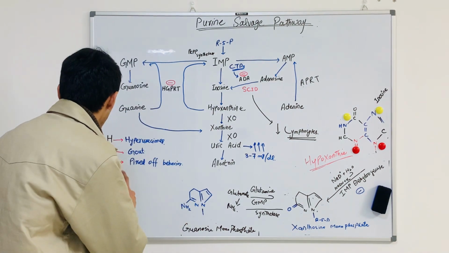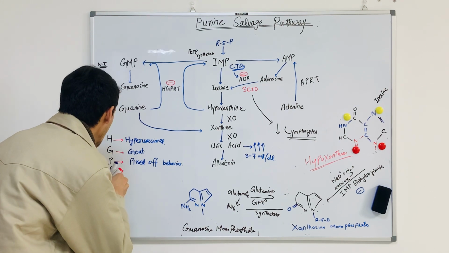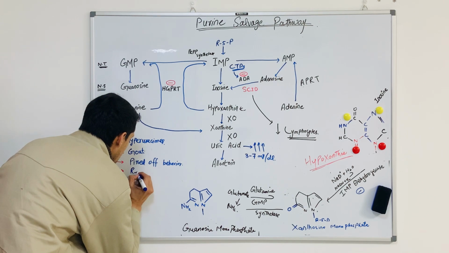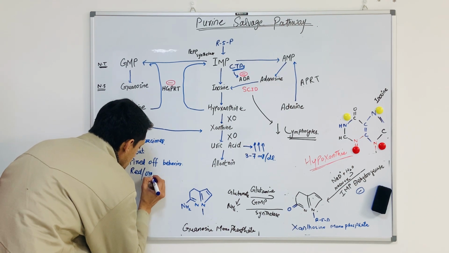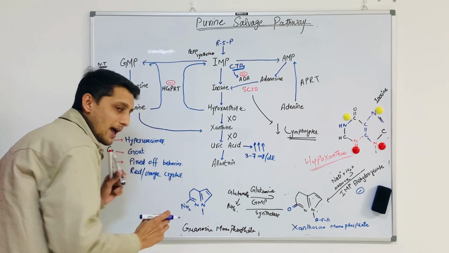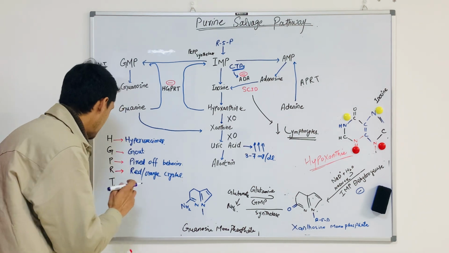Now, the fourth thing is the laboratory finding, that is red-orange crystals. You can find some red and orange crystals in the urine.